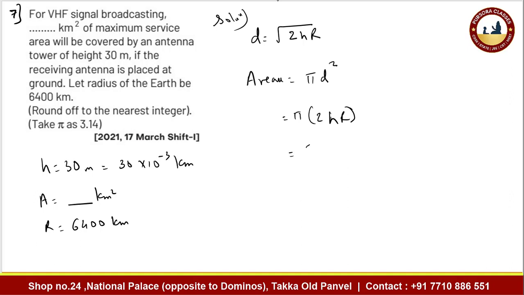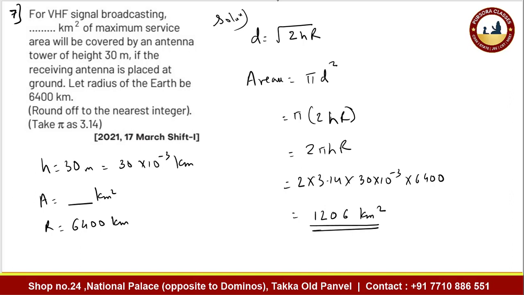So this will become 2 pi h into r. You just have to multiply 2 into 3.14, height is 30 into 10 raised to minus 3, r is 6400. When you multiply all these terms, you will get approximately 1206 kilometer square. That will be the final area.